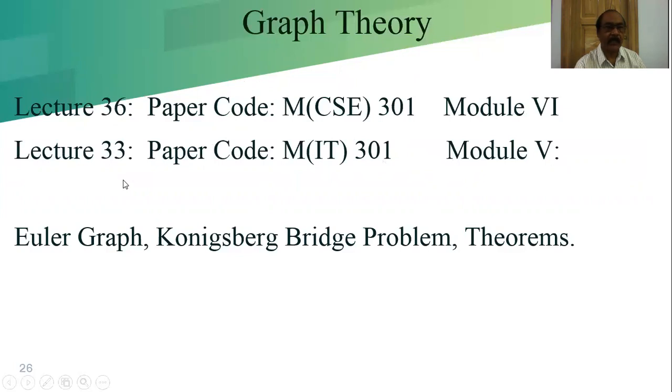What we learn in the next class: Euler graph, Konigsberg bridge problem and related theorems of Hamiltonian circuit, path, graph, and also related to the Euler graph, meaning Euler path and Euler circuit. In this case, it touches every edge, and we learn the related theorems in the next class.